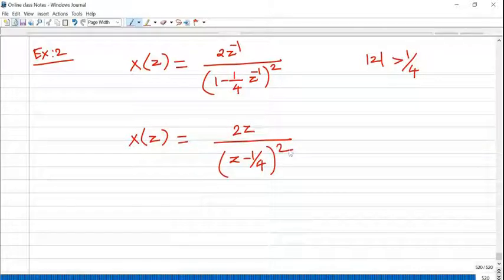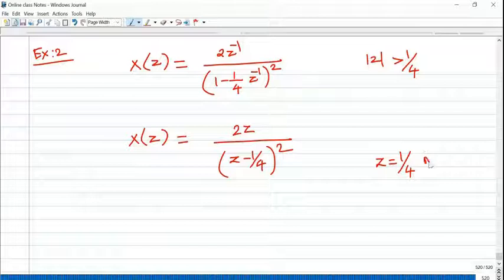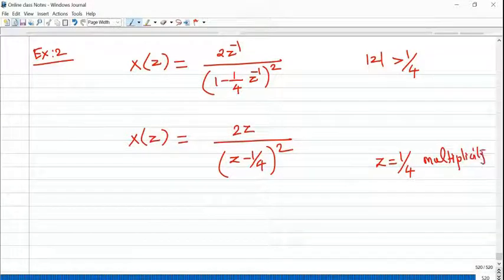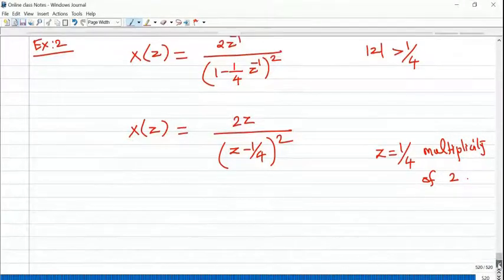Now z equal to 1 by 4 is a pole, but of multiplicity 2, that is, of order 2. Then how to solve this problem? Using the residue method, same procedure.